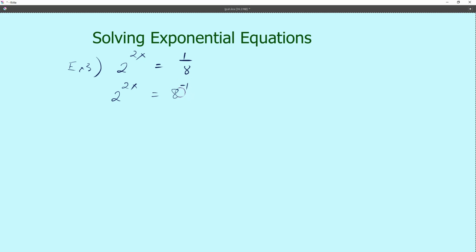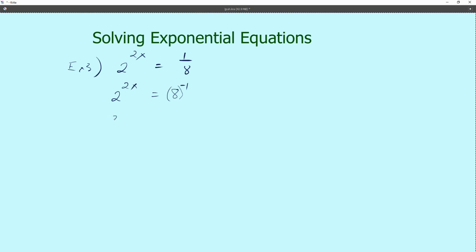A negative exponent means you flip it to the other side of the fraction. So 8 to the negative first power is 1/8. So if you see a number at the bottom, change it to a negative exponent, and it goes back to the top.